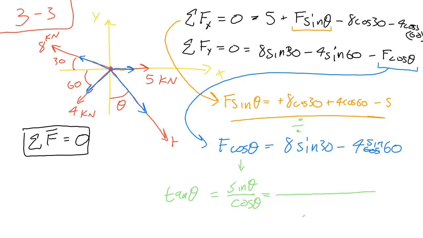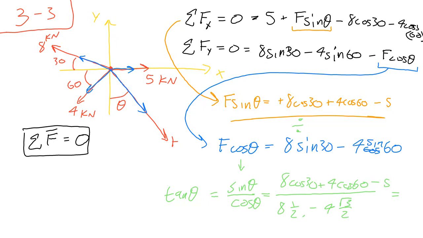So let's see. I guess we could have put that in. Cosine 30 is square root of 3 over 2. Cosine 60, sorry, I wrote it, so let's do this. This is a half minus 4 square root of 3 over 2.